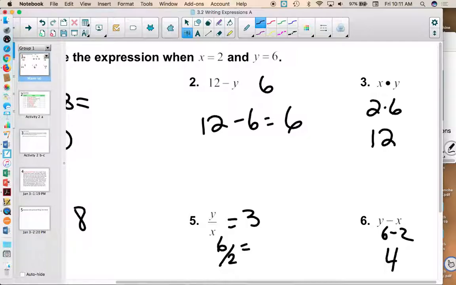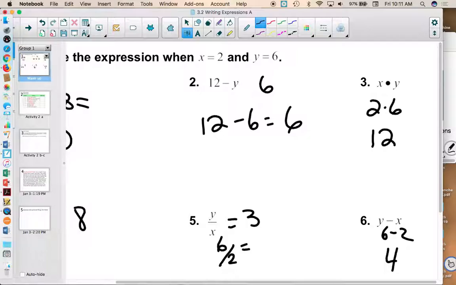Okay, good. Our goal today is an I can statement. You will be writing expressions. Our goal today is writing mathematical expressions that correspond to given situations.